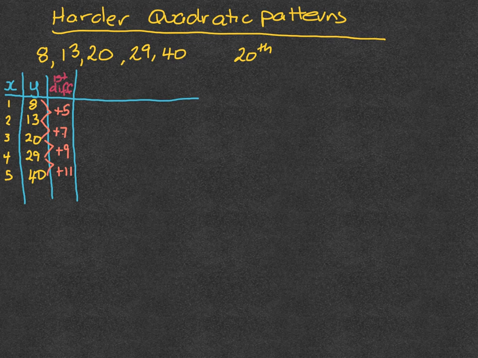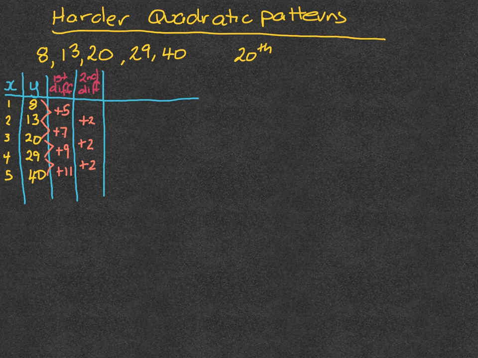Now, they're not all the same, so we know we don't have a linear pattern, and so we've got to do a second difference, don't we? So we go second, and we put our line down. And here we note that the difference between each of these is plus 2, isn't it?